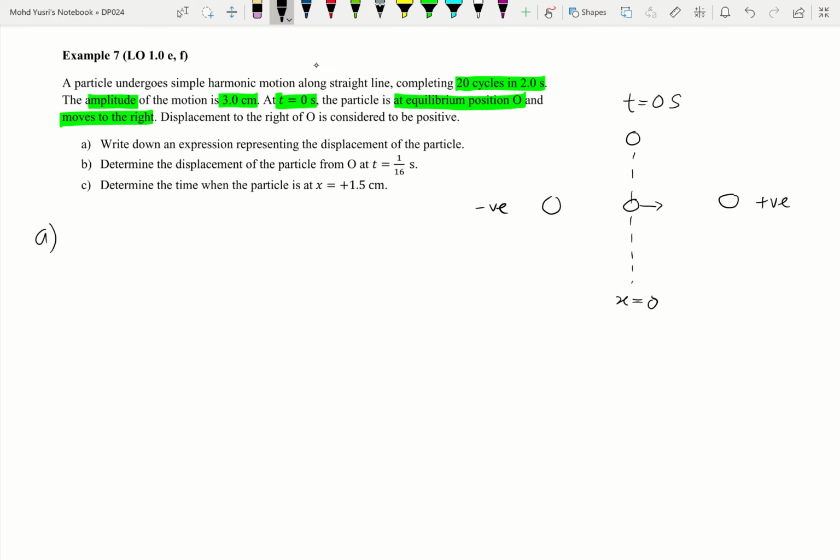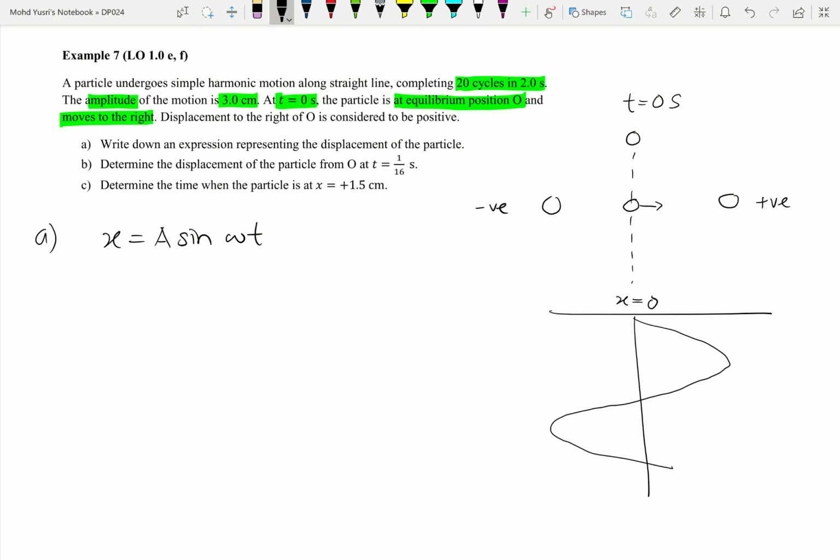So, apabila partikel ini bergerak ke kanan, pergi ke kiri, maka sebenarnya function yang kita dapati bagi partikel ini adalah function sine. Therefore, equation untuk represent simple harmonic motion of this particle is x is equals to a sine omega t. Now, ini bukan jawapan yang akhir.